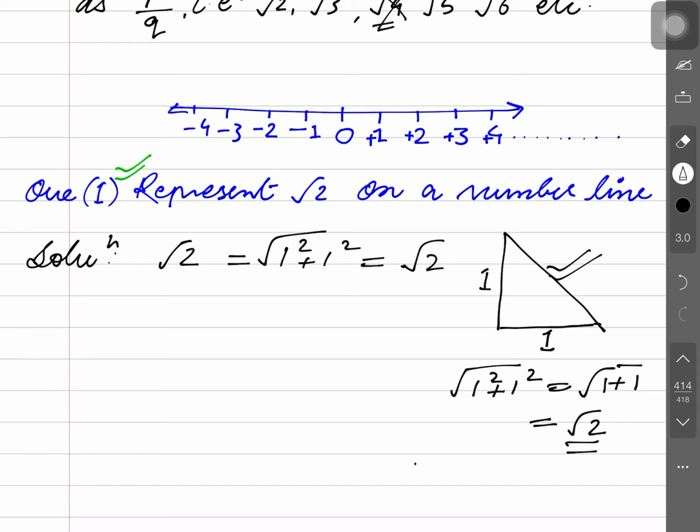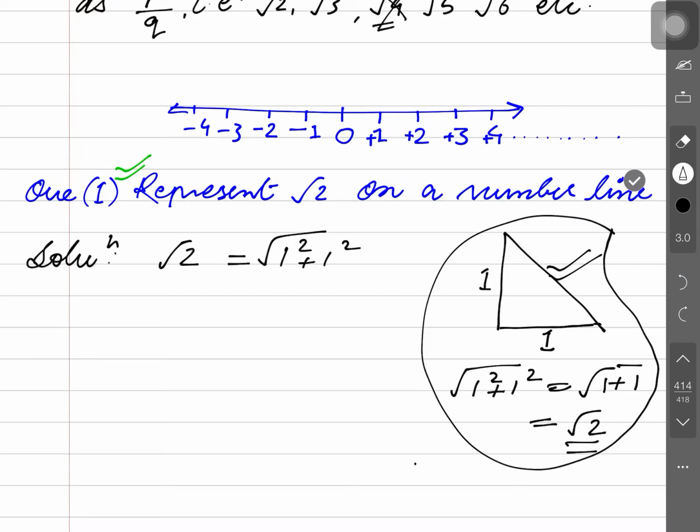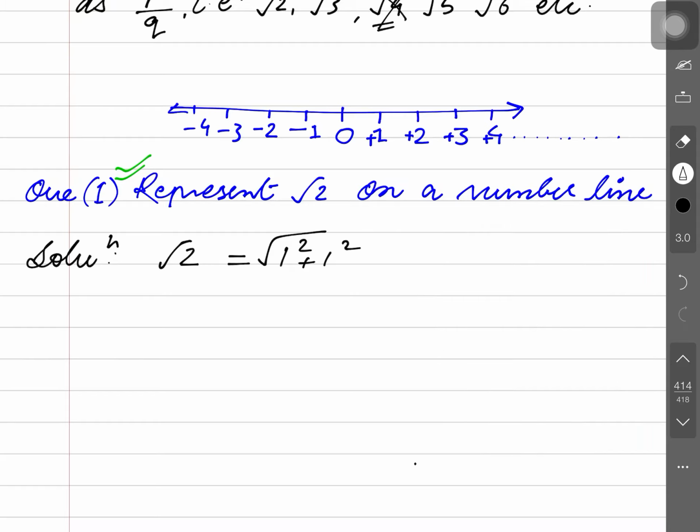It means you will take the perpendicular as unit 1, and the base, the length or magnitude of the base, is also 1. Is that clear? So the same thing can be done here. Right now, I am proceeding with our concept toward the solution. Is that clear? So represent root 2 on a number line.